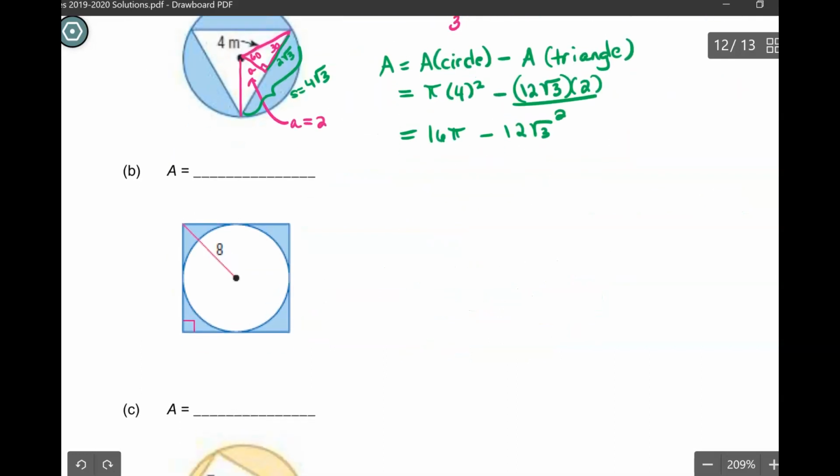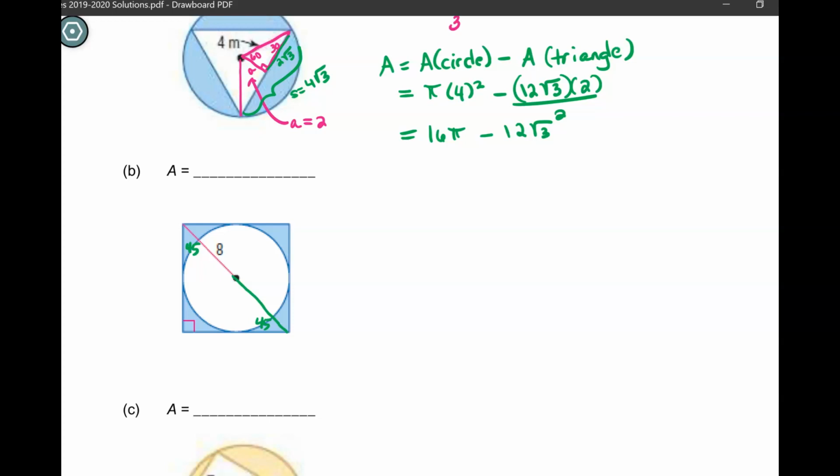Okay, for B, we have a square with a circle inside of it, and I see that half of the diagonal is 8. So if I were to extend this, I can form a 45, 45, 90 triangle.